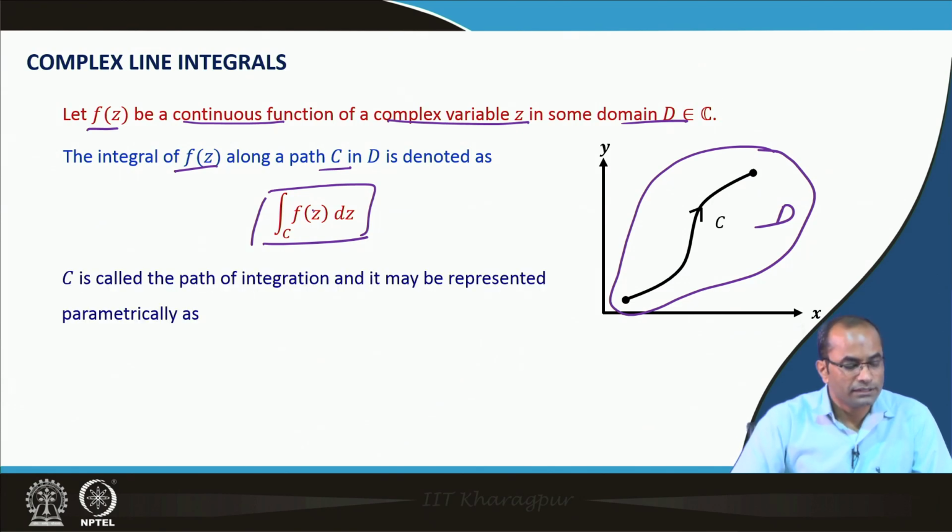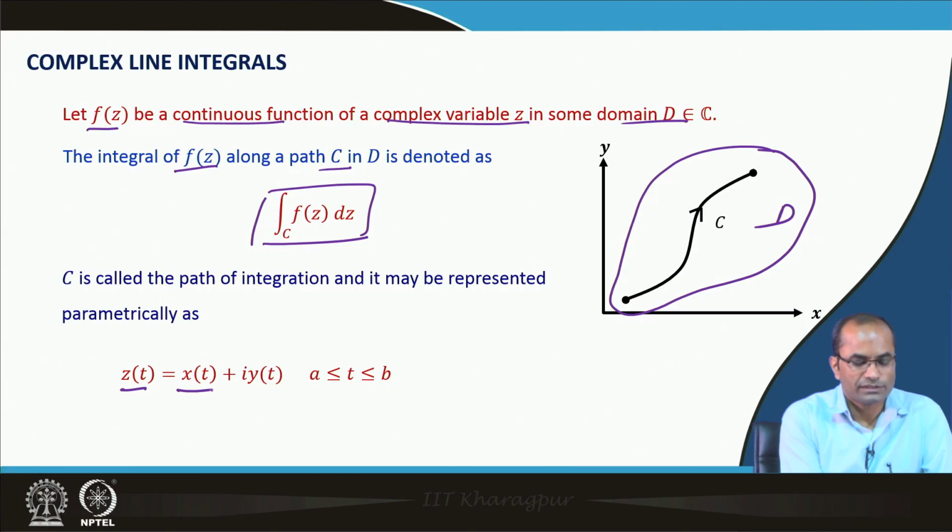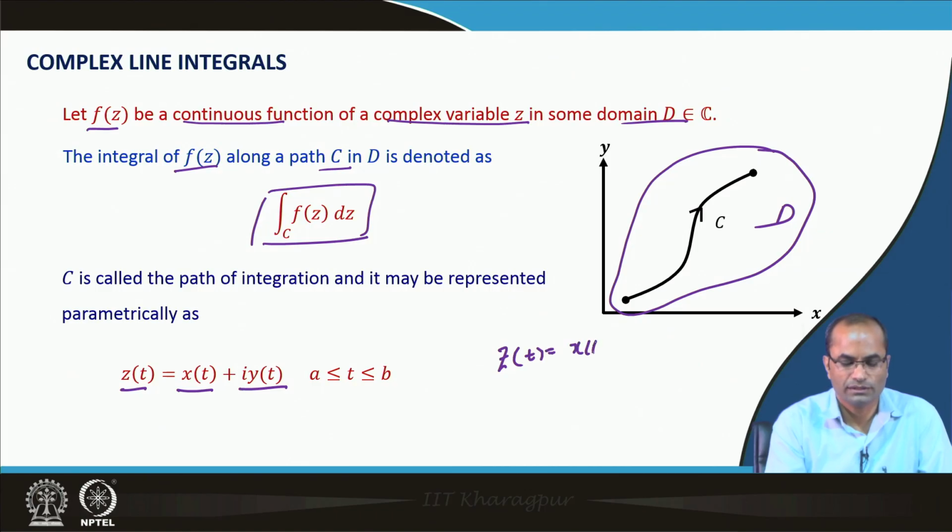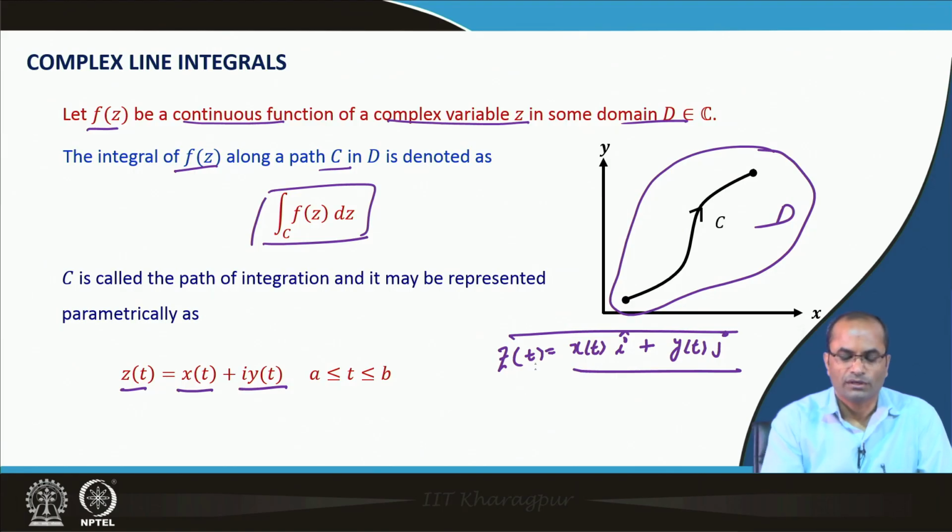C is called the path of integration, and it may be represented parametrically, similar to the vector context, as z(t). There we used to have the unit vector in the direction of the x axis with x(t), and the unit vector in the direction of y with y(t), so we were defining the vector quantity by its two components. In the complex context, we have it in terms of the real and imaginary parts.